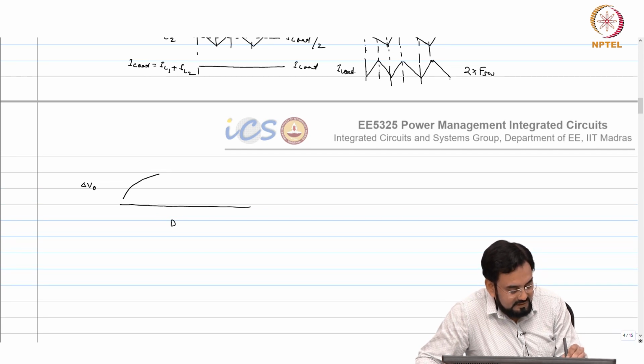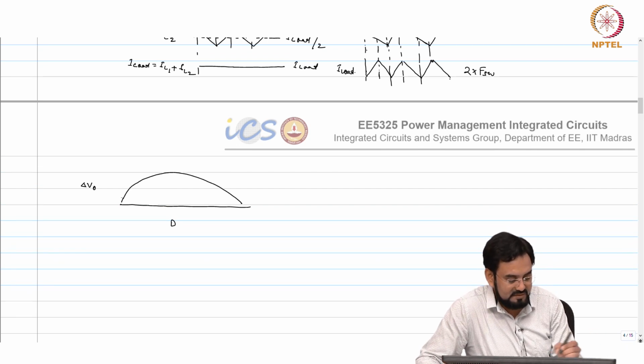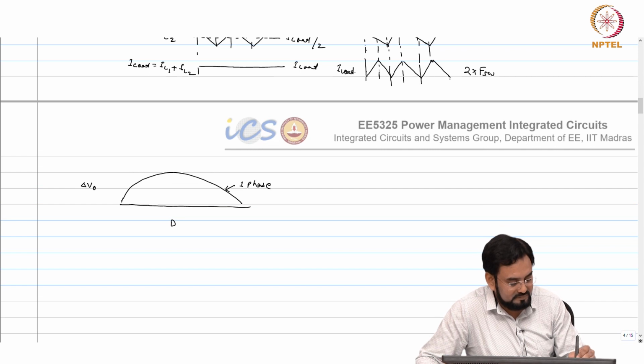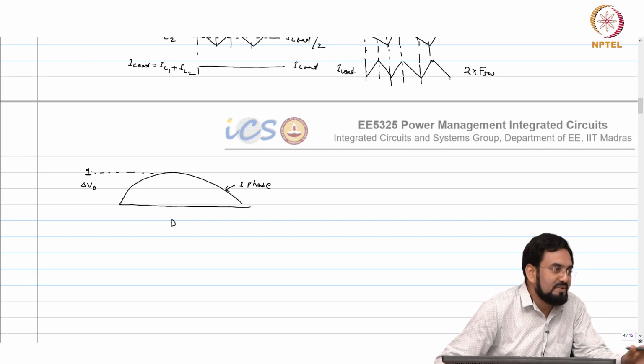We know that this was the profile for single phase. If this is 1 means it's normalized to some value, okay.